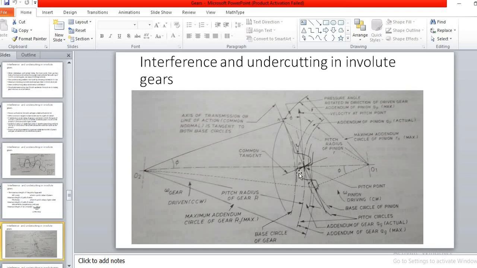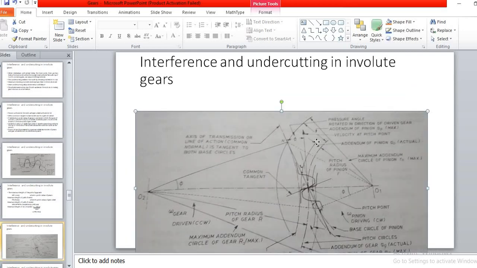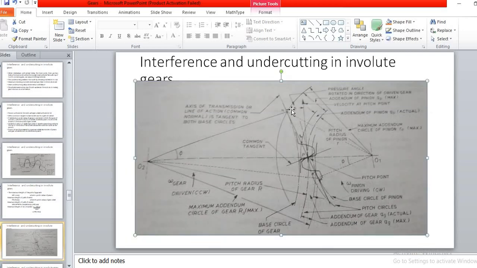The actual addendum circle of this pinion is represented by this curve. This addendum is maximally extended to this circle.